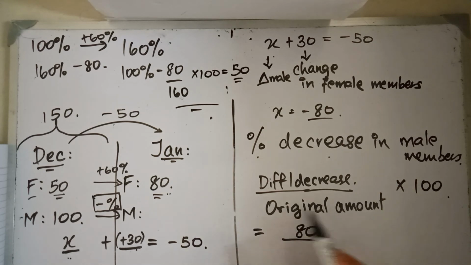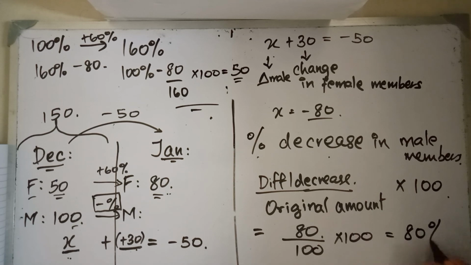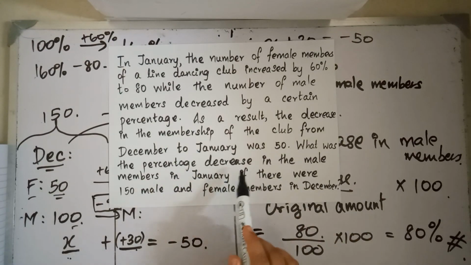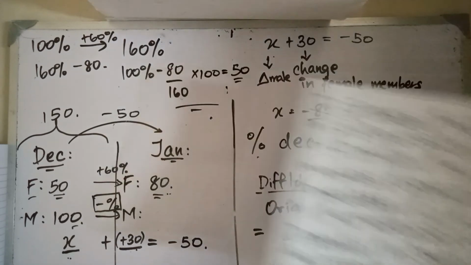And what's the original amount? 100. So this will give 80%. So there has been a decrease of 80% of male members from the month of December to January. And this is what they are asking. They are asking the percentage decrease. So this is how you solve such a problem. Thank you.